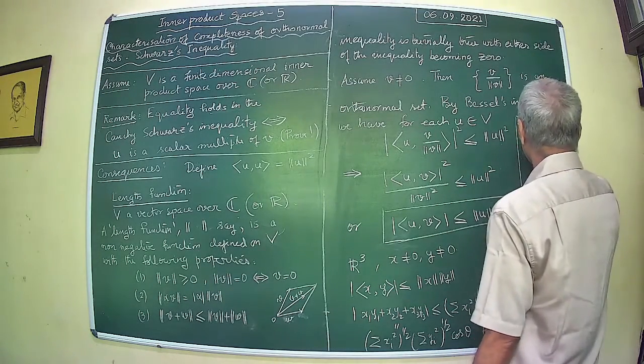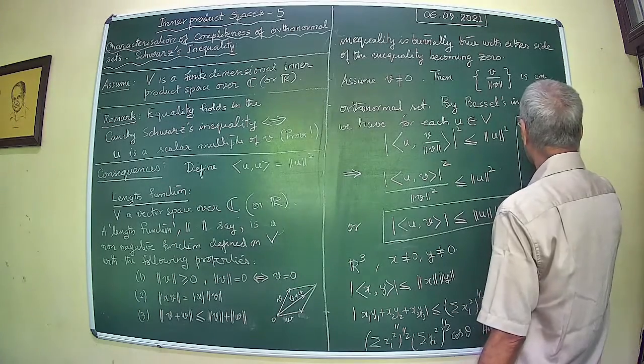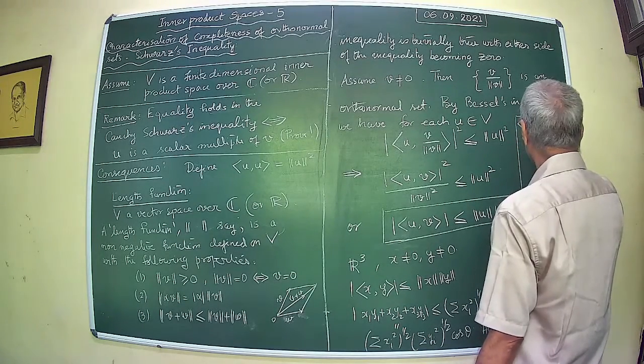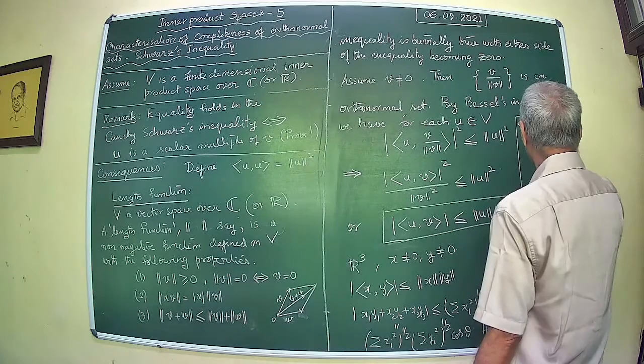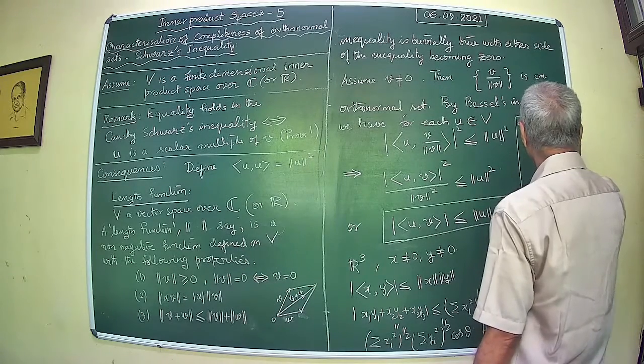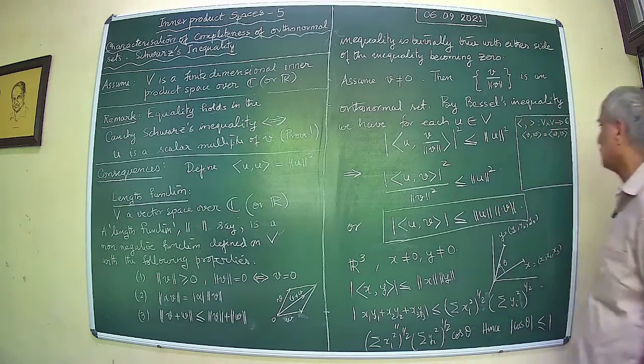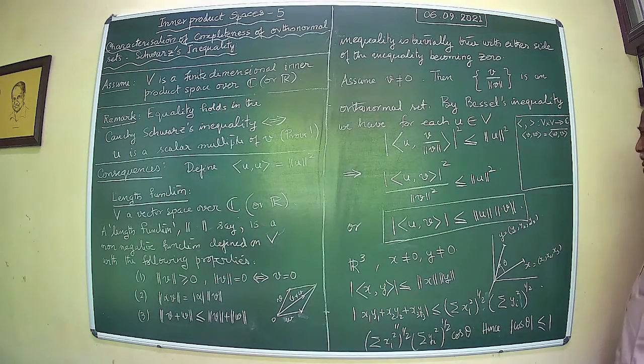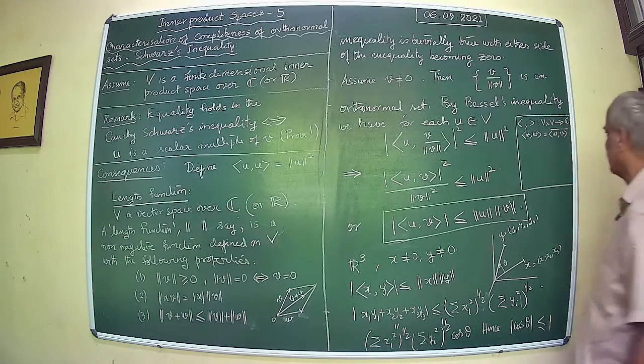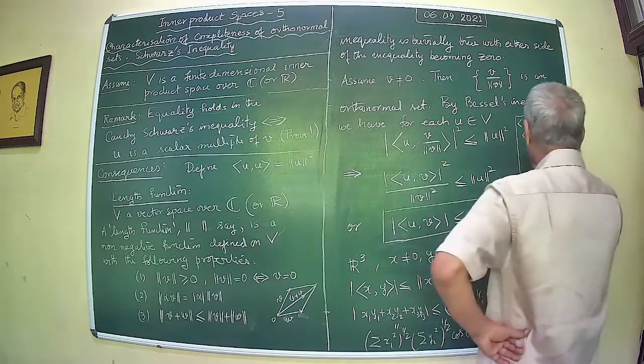Suppose you interchange them, what happens? This is what is called conjugate symmetry. Then we had this property.